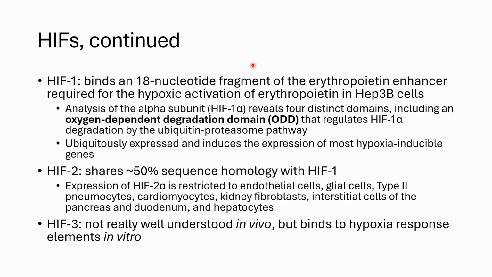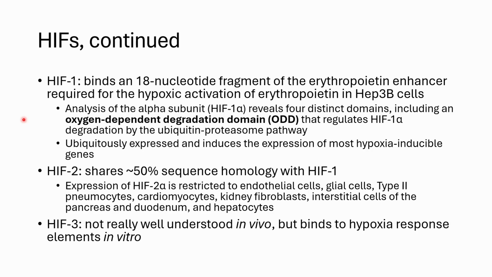Analysis of the alpha subunit, the oxygen sensing subunit, reveals 4 distinct domains, including an oxygen-dependent degradation domain, or the ODD, that regulates HIF1 alpha degradation by the ubiquitin proteasome pathway. HIF1 is ubiquitously expressed and induces the expression of most of the hypoxia-inducible genes.